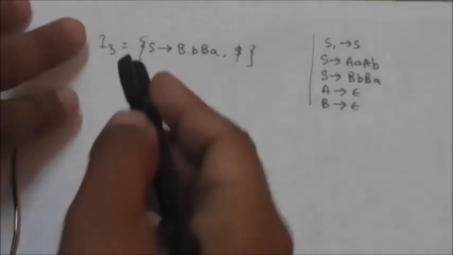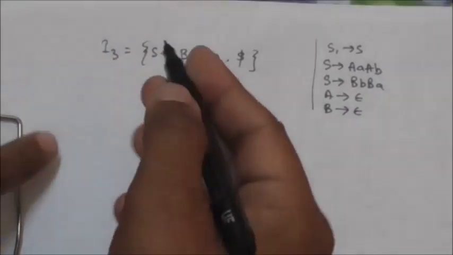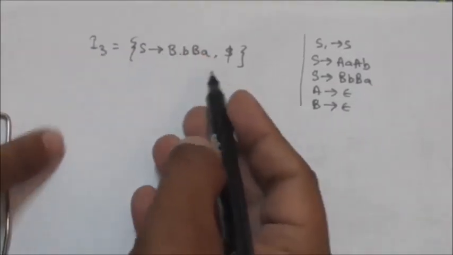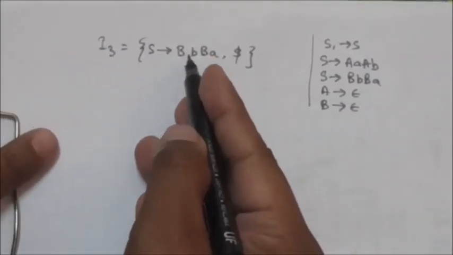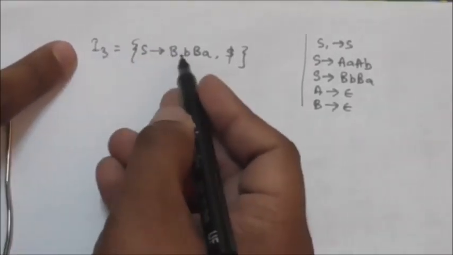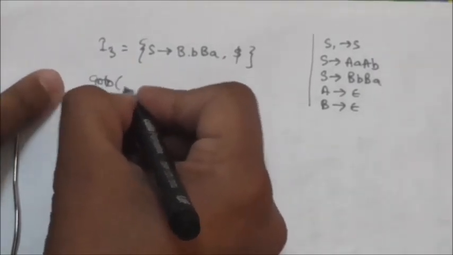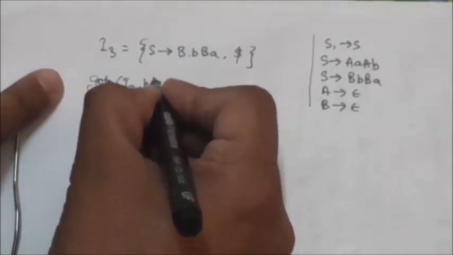Now we need to find the transition of this state I3. So here you can see whatever the items are there in I3, in them the dot is preceding only the terminal symbol B. So we can find the transition for I3 only for this terminal symbol B. So for that we will evaluate this function, go to I3B, right?